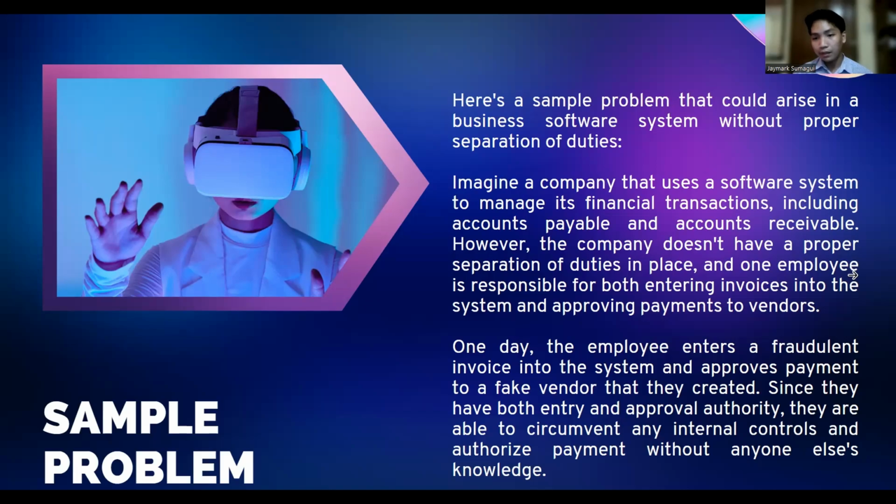However, the company doesn't have a proper separation of duties in place, and one employee is responsible for both entering invoices into the system and approving payments to vendors. One day, the employee enters a fraudulent invoice into the system and approves payment to a fake vendor that they created. Since they have both entry and approval authority, they are able to circumvent any internal controls and authorize payment without anyone else's knowledge.